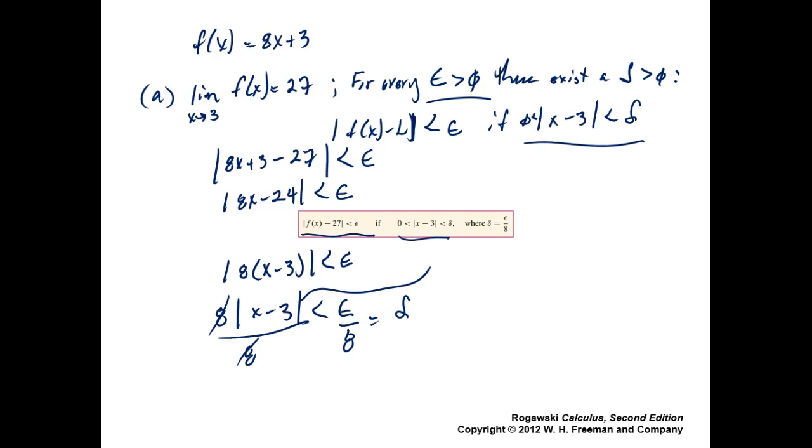You choose an epsilon, I can find a delta that'll make it true. That means the limit exists. You can't get too small an epsilon for me to find it. I can always find it, because in this case, no matter how small an epsilon you give me, I'll take 1/8 of that, that'll be the delta, it'll work. Okay.